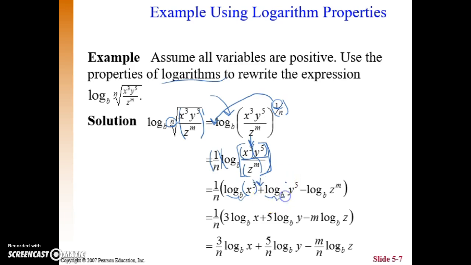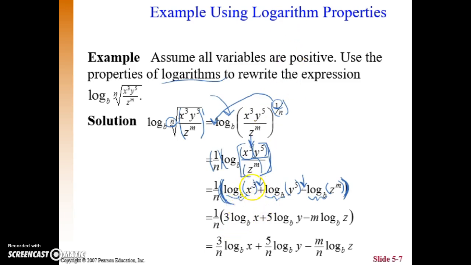So they're both log base b, and so we have log base b of x cubed plus log base b of y to the fifth, and then we have minus log base b, same base, of the expression that is in the denominator, z to the m. And all of that is multiplied by the power that we popped down front, 1 over n.